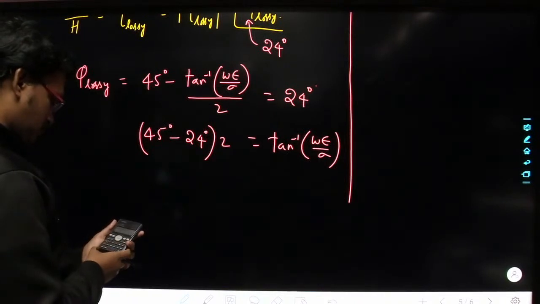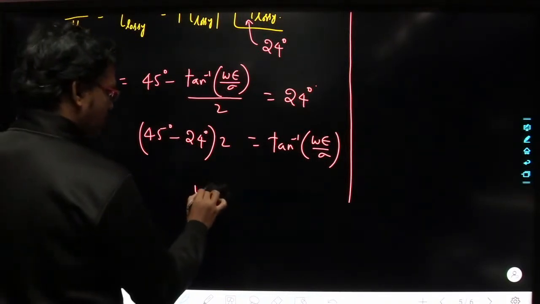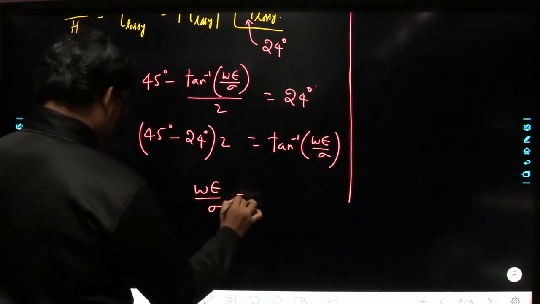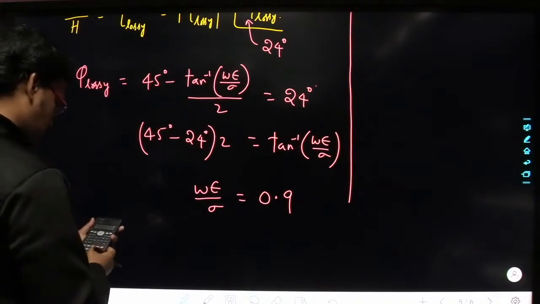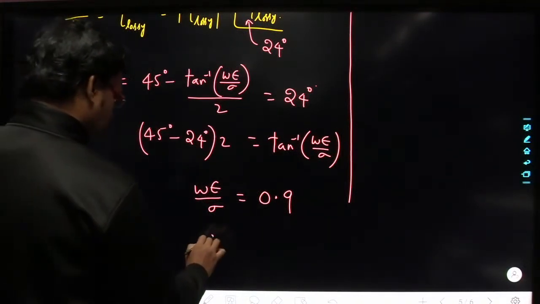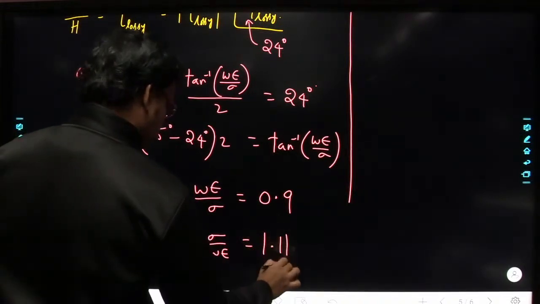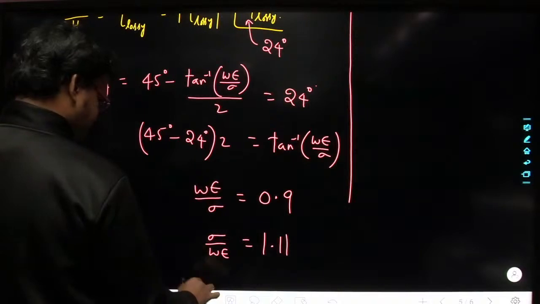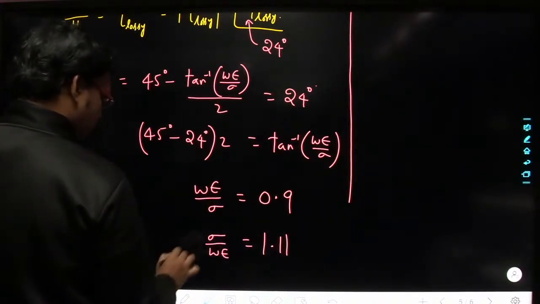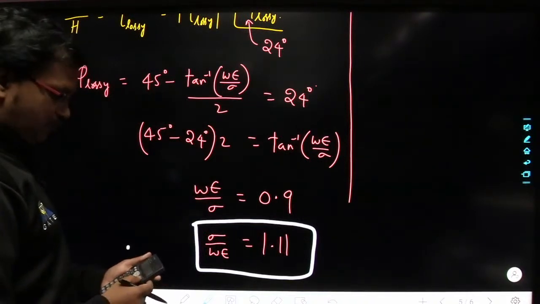So tan 42, you are going to get omega epsilon by sigma as 0.9 here. So 1 divided by answer, sigma by omega epsilon ratio will be 1.1106. So you can write simply 1.11. So the sigma by omega epsilon ratio is 1.11.